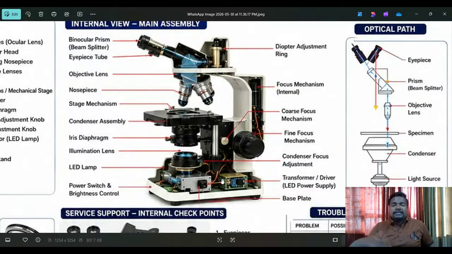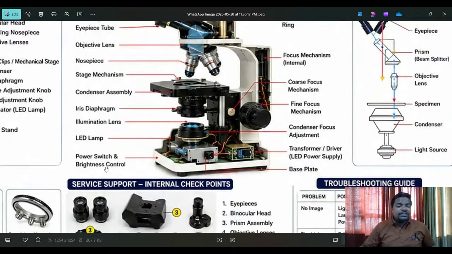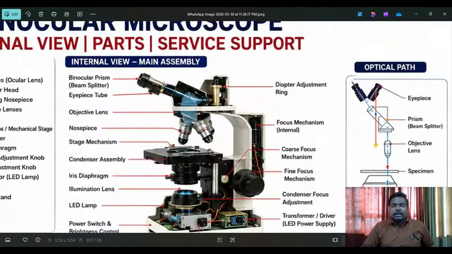Otherwise, go with your senior, who will arrange it. Power switch and brightness, see here. The technical part here is very little, only about 10 out of 100 are technical spare parts. Next, the diopter adjustment ring.